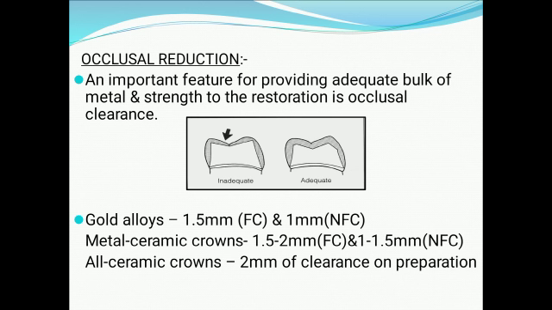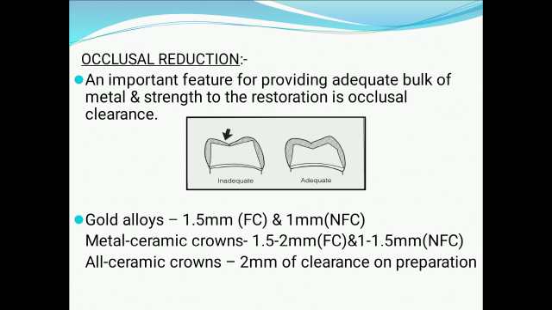Clearance for metal ceramic should be 1.5 to 2 mm on the functional cusp and 1 to 1.5 mm on the non-functional cusp. In all-ceramic restorations, occlusal clearance should be 2 mm on both non-functional and functional cusps.